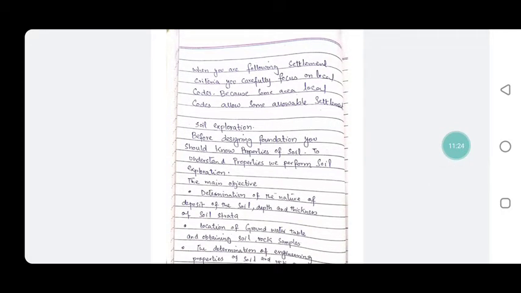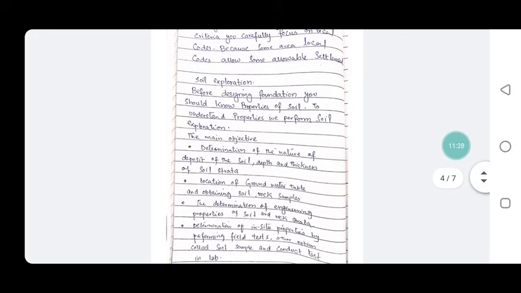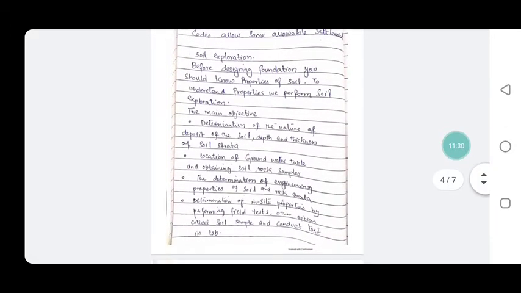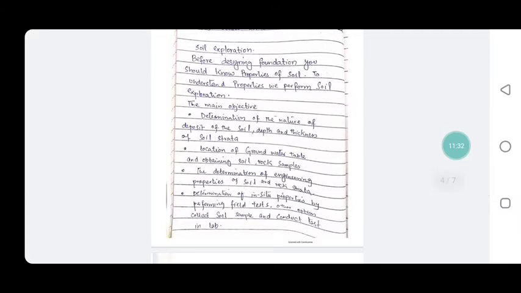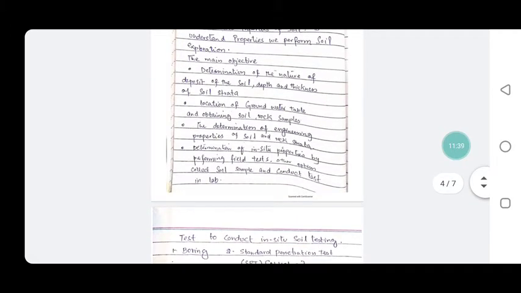Soil exploration. Before designing, you should know properties of soil. To understand properties, we perform soil explorations. The main objective of soil exploration will be determination of nature of deposit of soil, depth and thickness of soil strata, location of groundwater table, and obtaining soil rock samples.